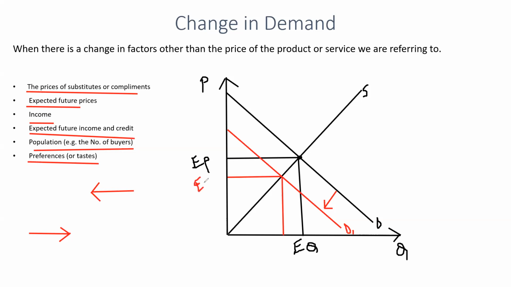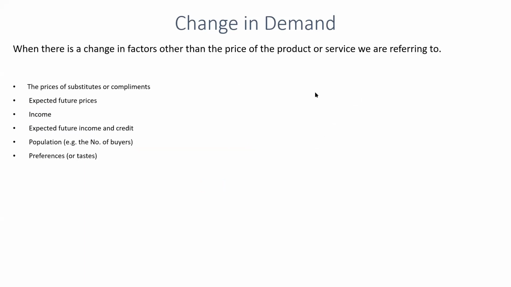New equilibrium price has decreased, and new equilibrium quantity has also decreased. So that is a change in demand. It is shown by a shift to the right if it's an increase in demand, and it's shown by a shift to the left if there is a decrease in demand. Let us move on.